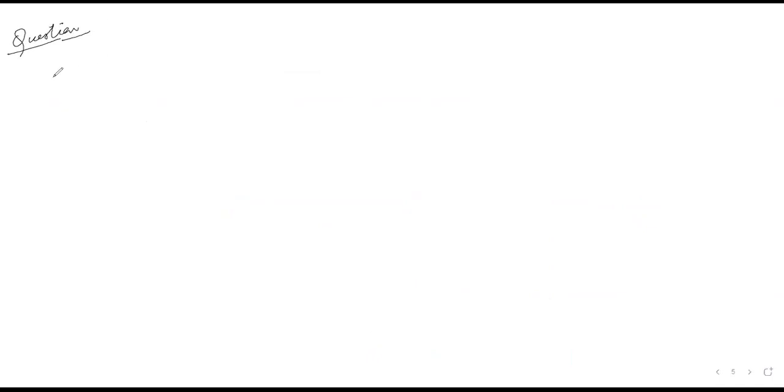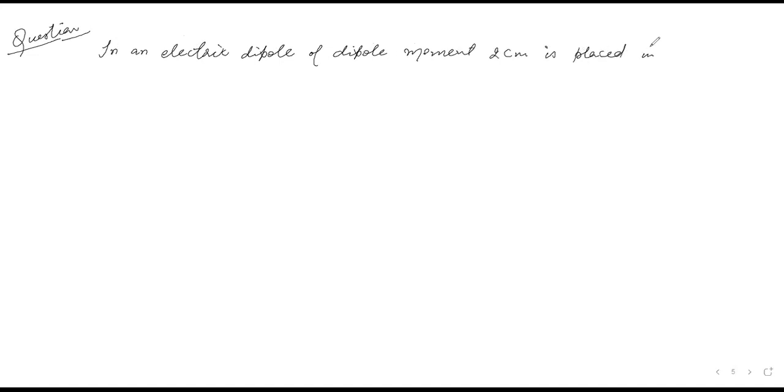An electric dipole of dipole moment 2 coulomb meter is placed in a uniform electric field of 10 Newton per coulomb at 30 degree with respect to the field.